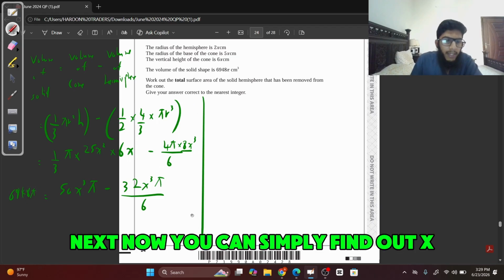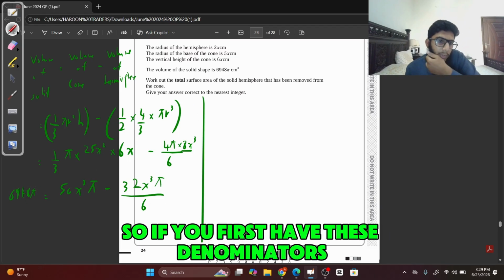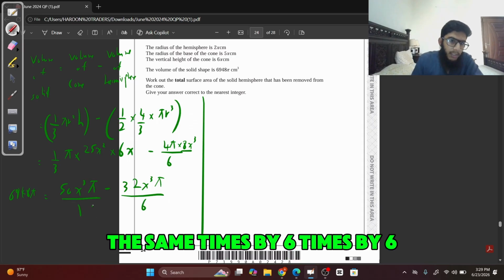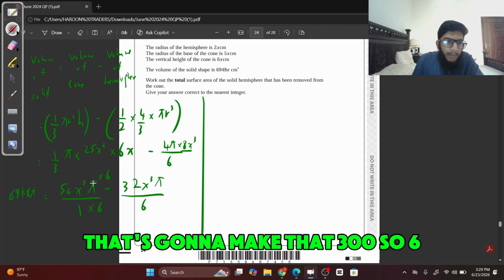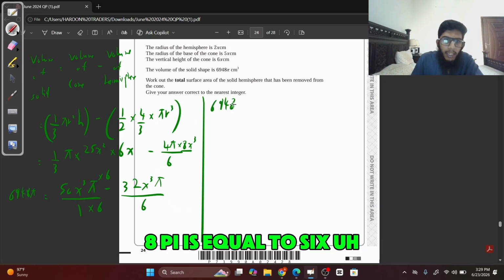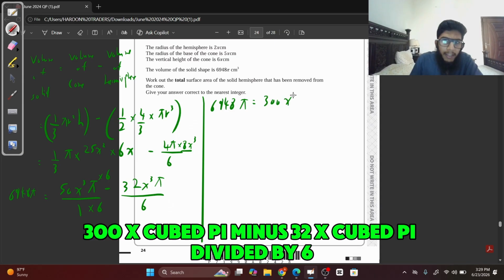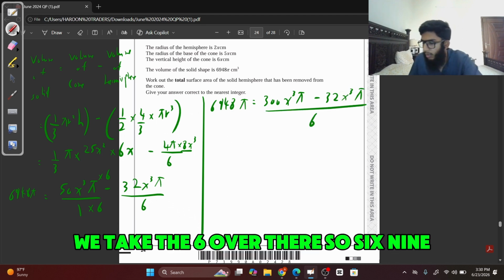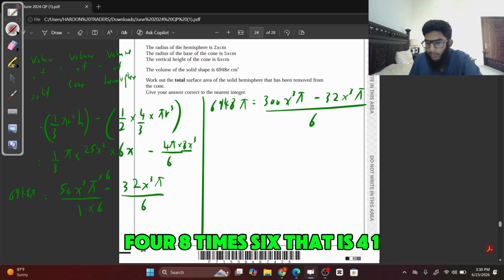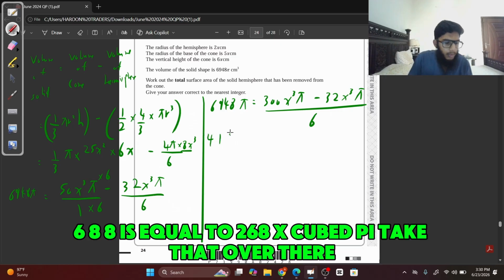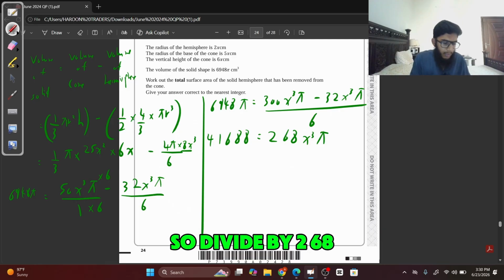Okay, got it. Next, now you can simply find out x. So first make these denominators the same, times by 6, that's going to make that 300. So 6948 pi is equal to 300x cubed pi minus 32x cubed pi, divided by 6. We take the 6 over there. So 6948 times 6 is 41688, which is equal to 268x cubed pi. Take that over there, so divide by 268.